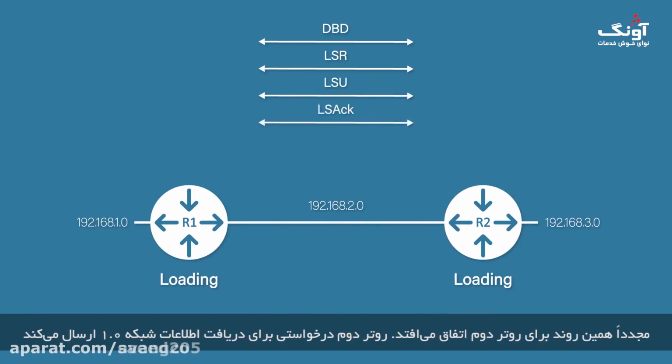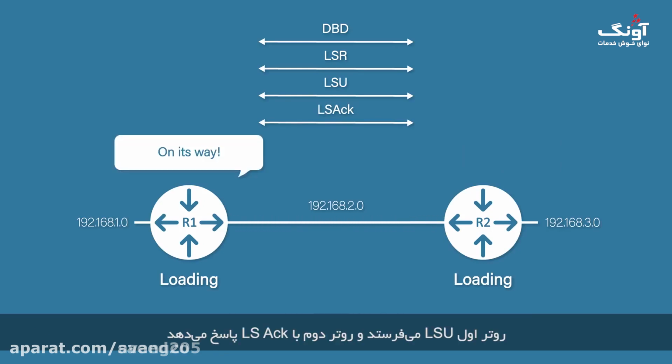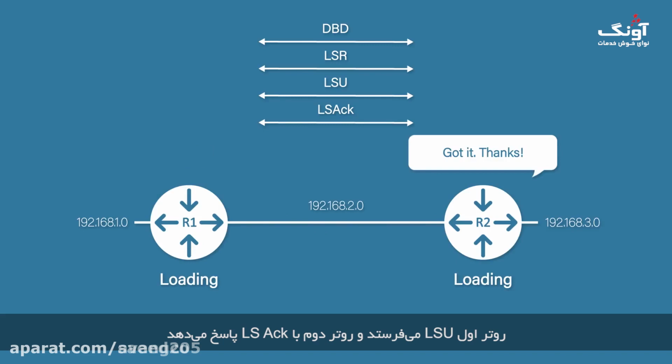Now the same happens again for router 2. Router 2 sends a request for the 1.0 subnet. Router 1 sends the LSU. And router 2 sends an LSAck.